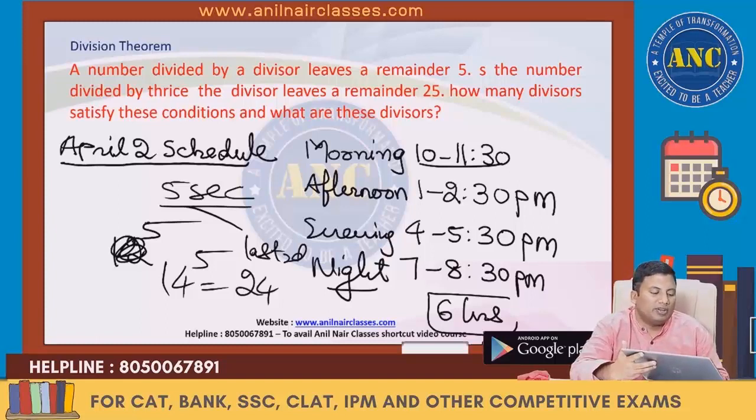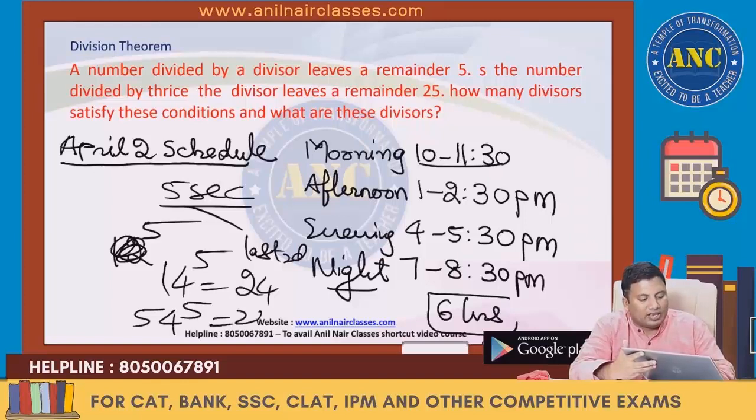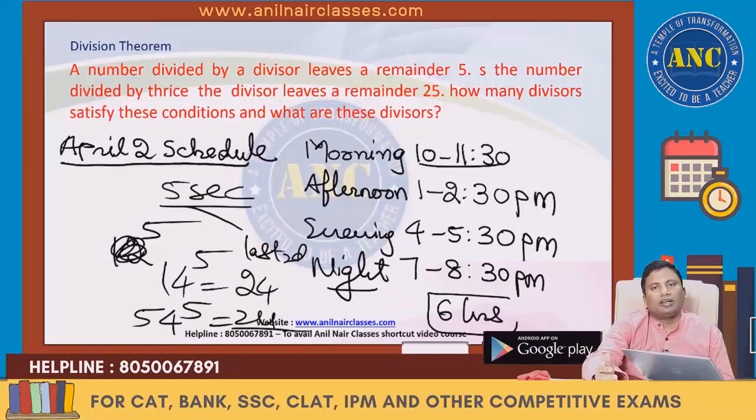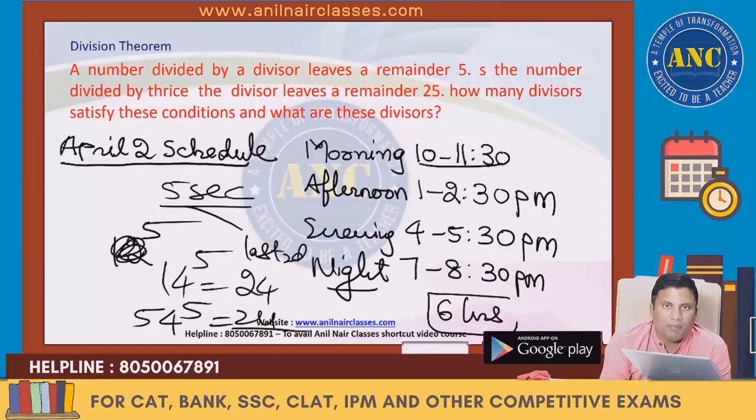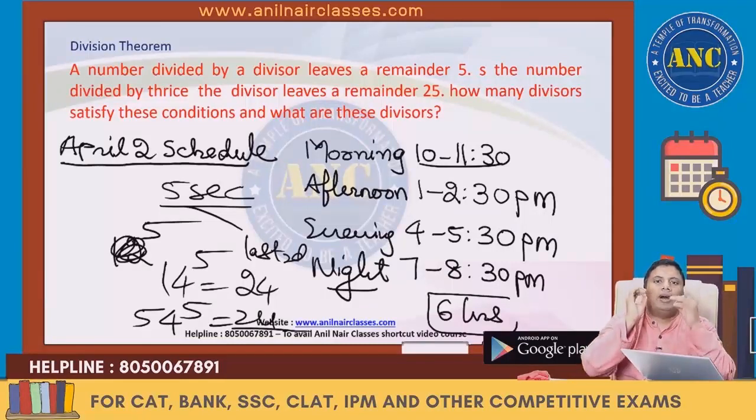Suppose it is 54 power 5, you will say it as 24. Directly you will tell the answer tomorrow. Probably in my last few years of experience, I have never discussed that shortcut of last 2 digits.